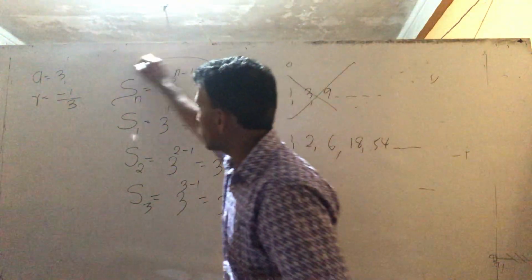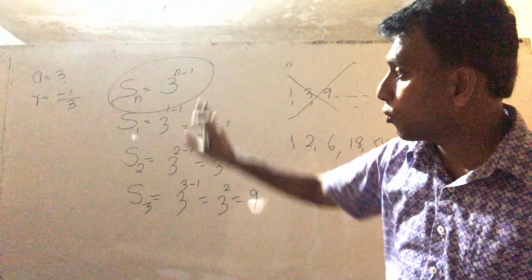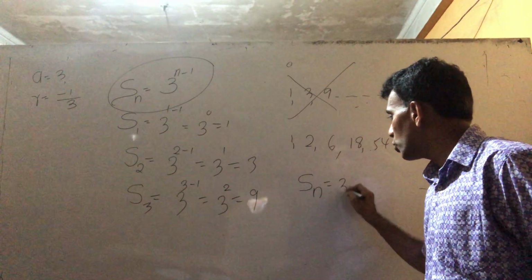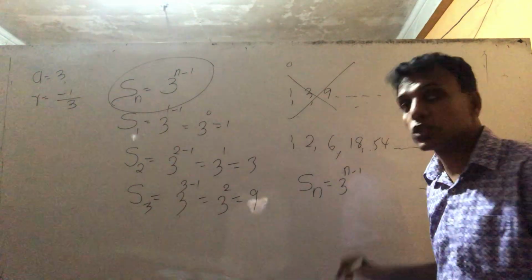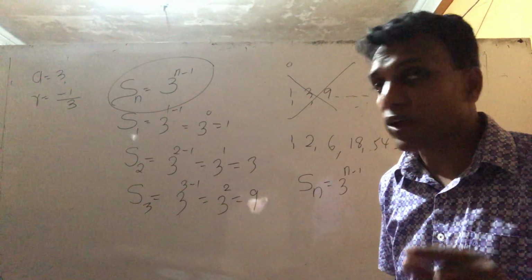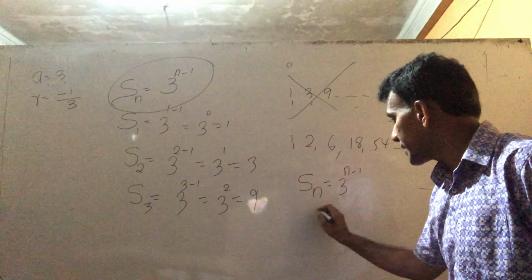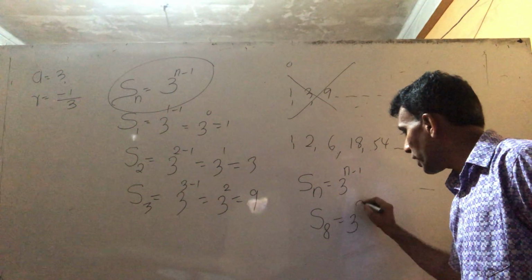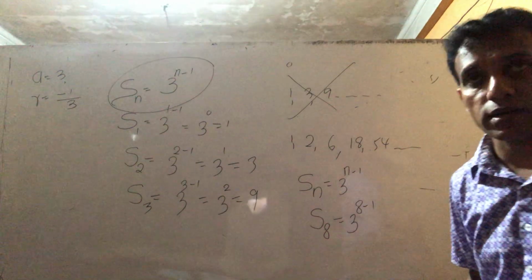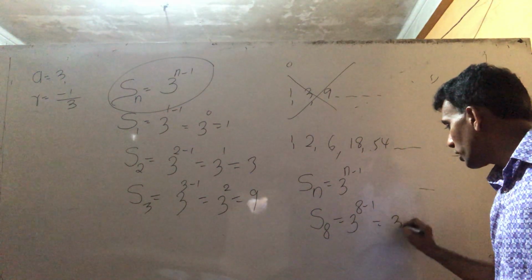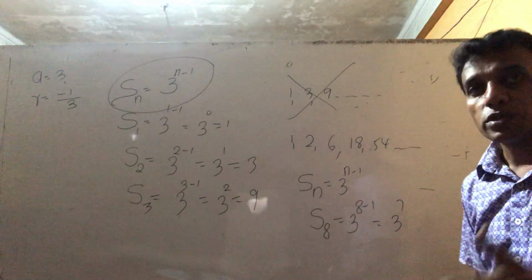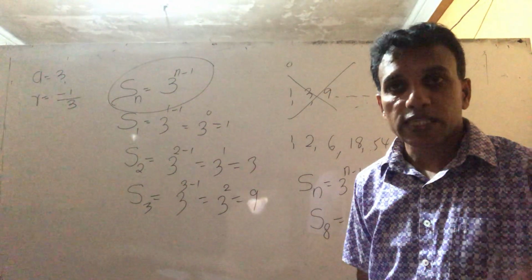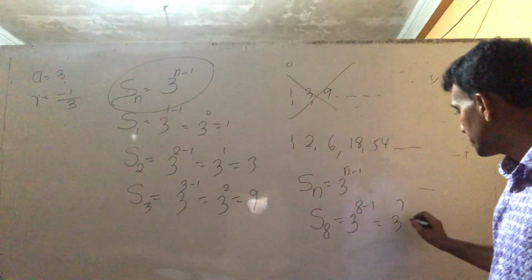They provide the formula, so the best thing is to follow this formula: Sn equals 3 to the power n minus 1. So sum of 8 terms, S8, is 3 to the power 8 minus 1. That is 3 to the power 7. So we multiply 3, 9, 27, 81, 243, 729.